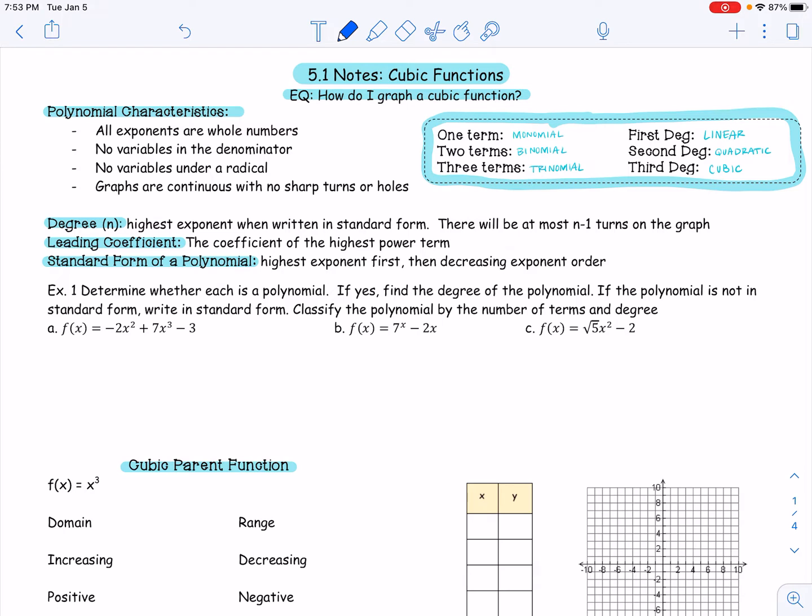You are already familiar with some of these polynomials. If your polynomial has a degree of 1, and the degree is indicated by the exponent on that variable, so let's just say I have x to the first power, that would be a first degree, which we know is just a linear function. If it's a second degree, then that means our degree is 2, so that would be something like x squared.